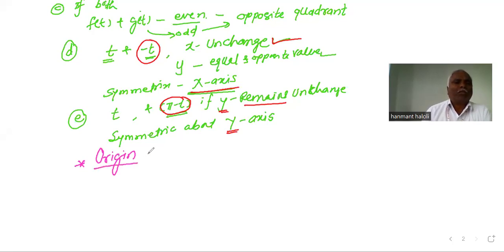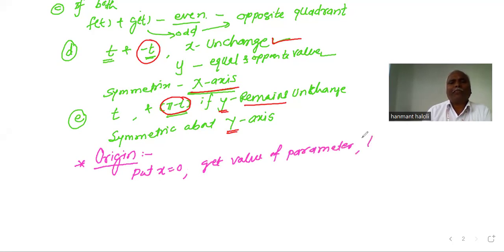Check whether the curve is passing through origin or not. Put x equal to 0 and get value of parameter t, and use that t, find value of y.